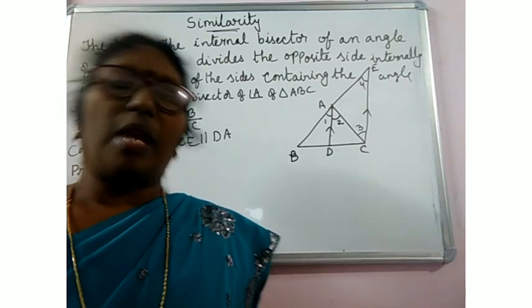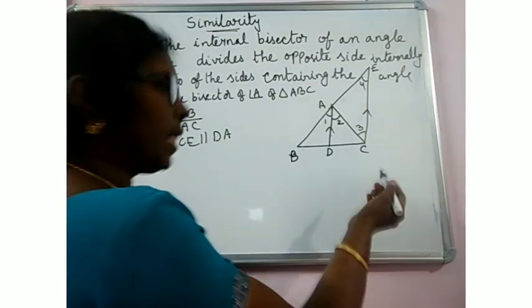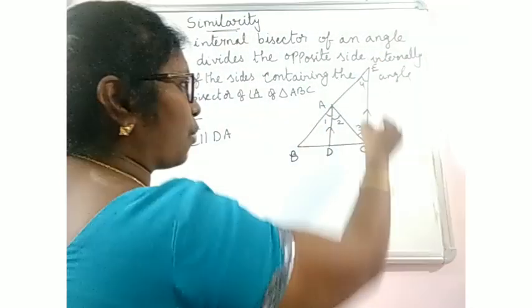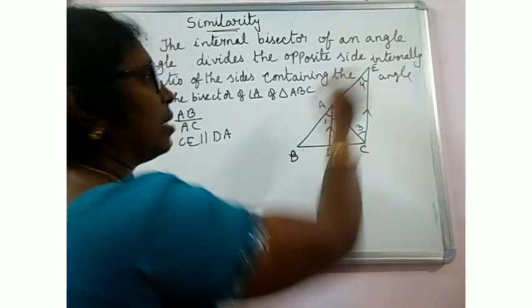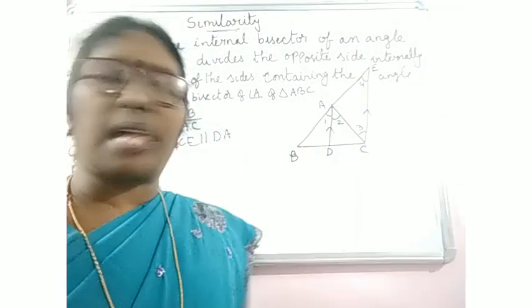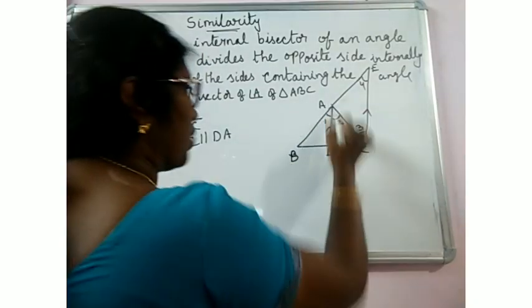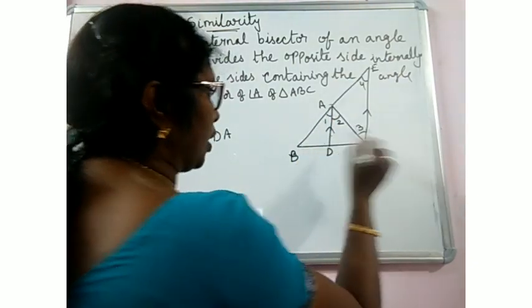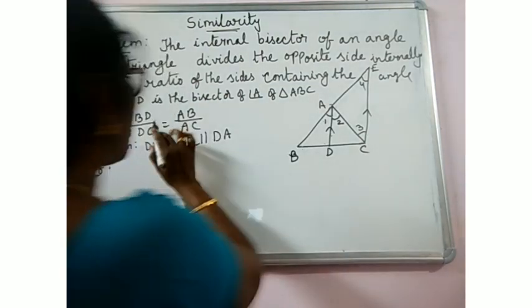That is our basic proportionality theorem. We have already learned that a line drawn parallel to one side of a triangle divides the other two sides proportionally. That means if AD is parallel to CE, AB by AE is equal to BD by DC. That is already proved.